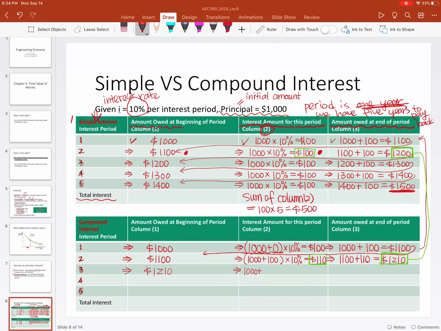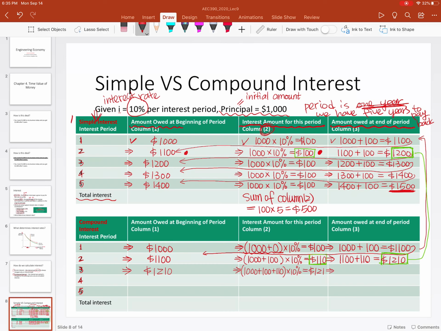What are all the previous interest? We have 100 in year 1. We have 110 in year 2. That's your new base for the calculation. Times 10%. So this number will be 121.